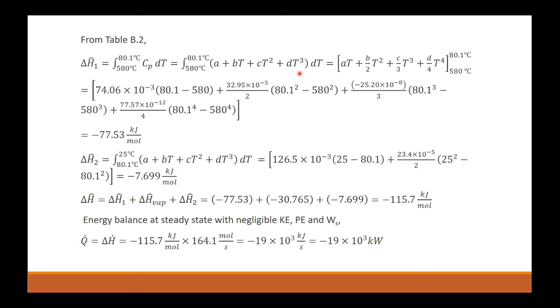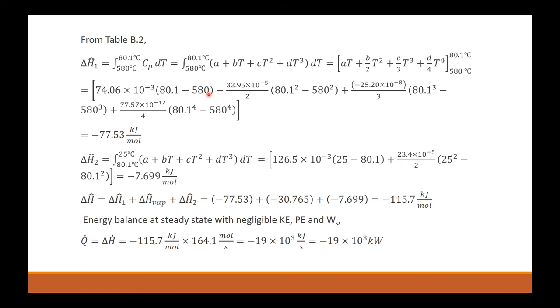So this is the formula, and we have to integrate this as a function of temperature. After integration, you get AT plus B over 2 T squared, and so on. I hope you remember your integration. And integrate it from 80.1 to 580 degrees Celsius.